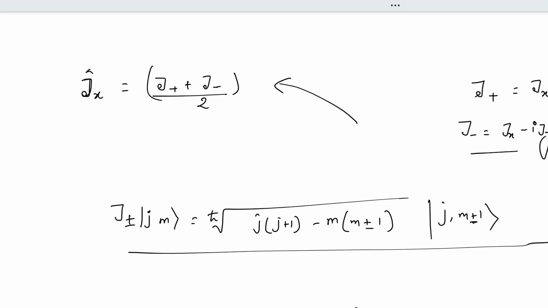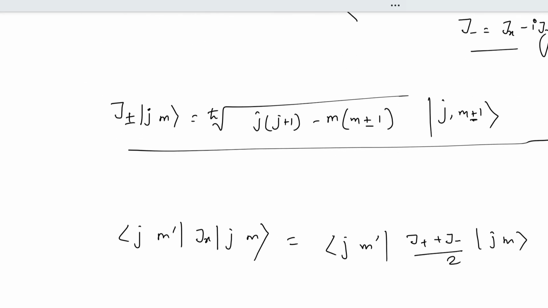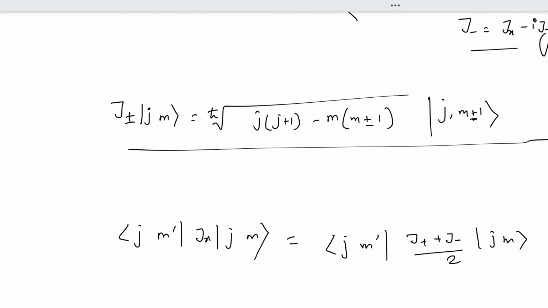Okay, so you are writing Jx as (J plus plus J minus) by 2. Then you have two parts. So half <j m prime| J plus |j m> and you also deal with <j m prime| J minus |j m>.